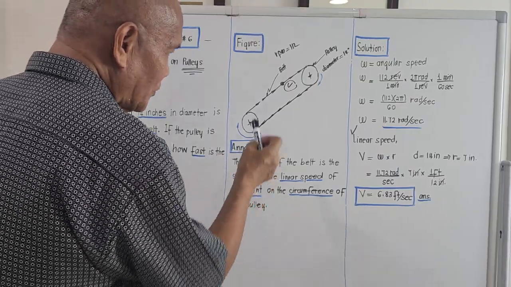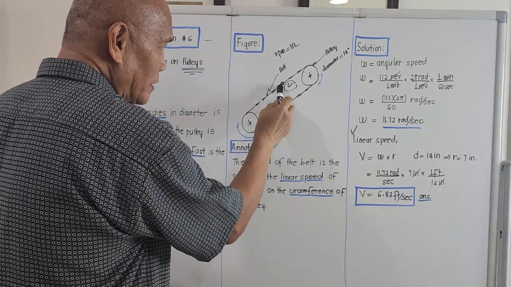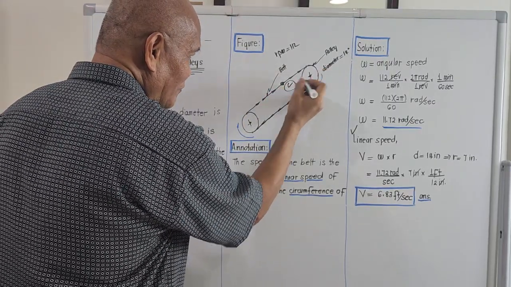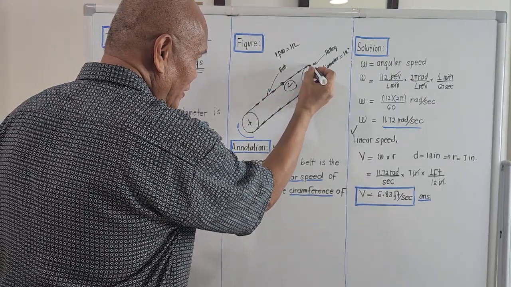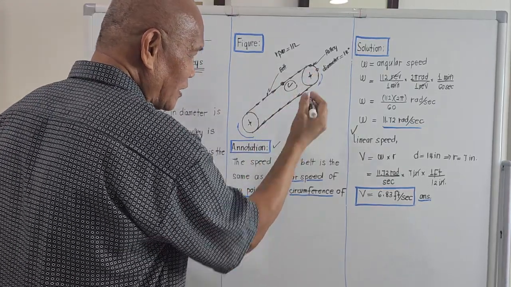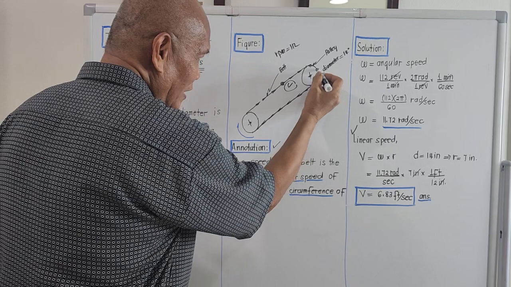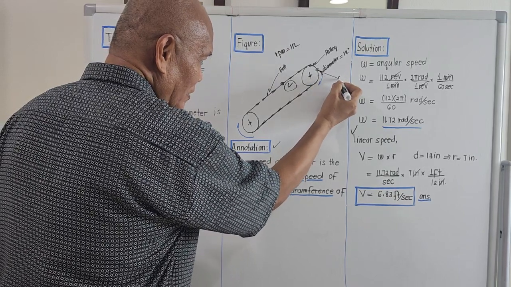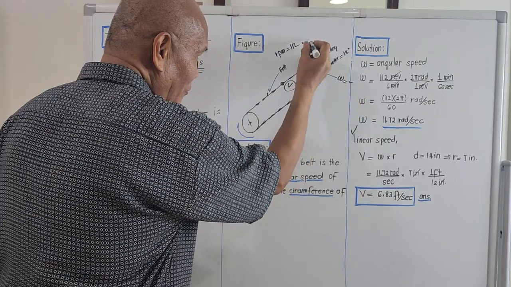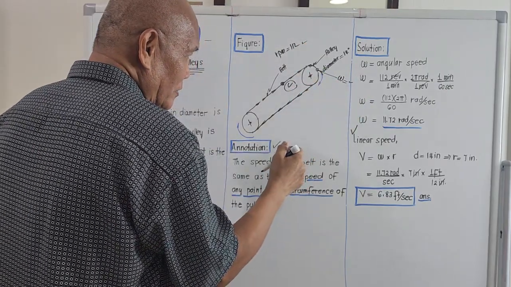As soon as the belt is on the pulley here, we could say that the speed is in relation with this angular speed over here, because we know the angular speed: it's 112 revolutions per minute.